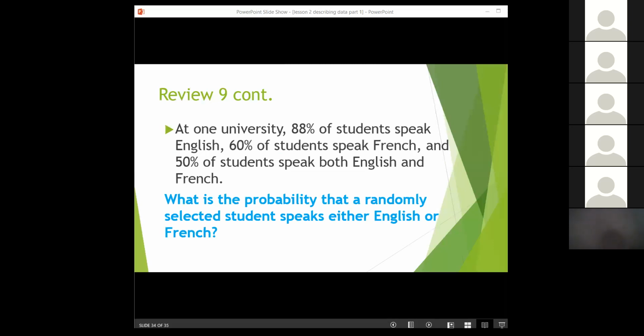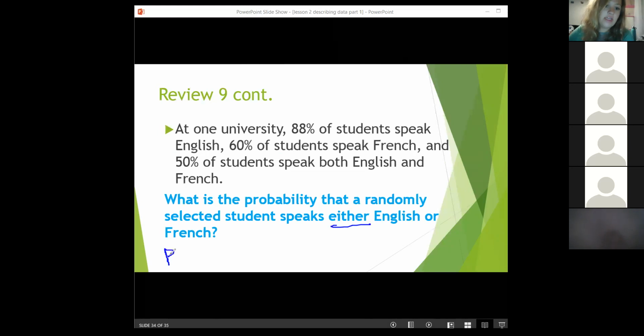All right, cool. Let's go over this. Remember, this one's asking about probability of A or B. So if we're doing English and French, I could do it like this: English or French. So remember what we do for this one.